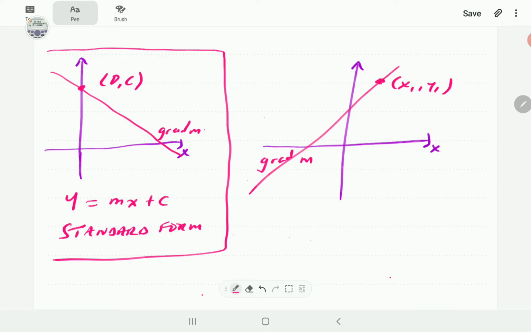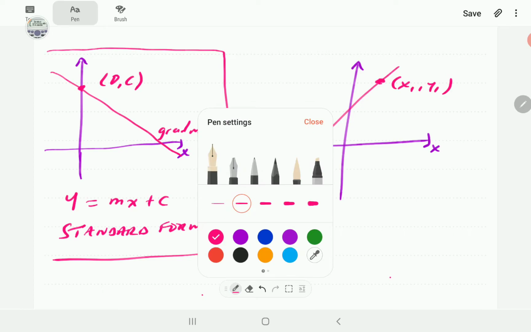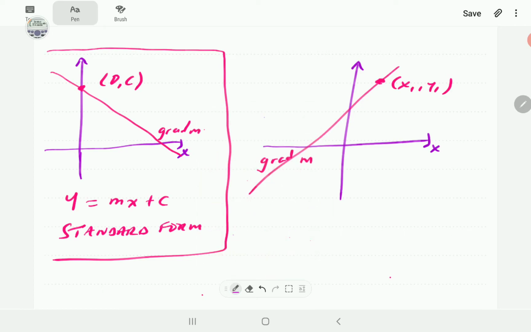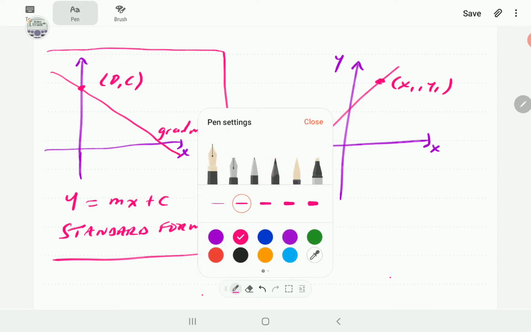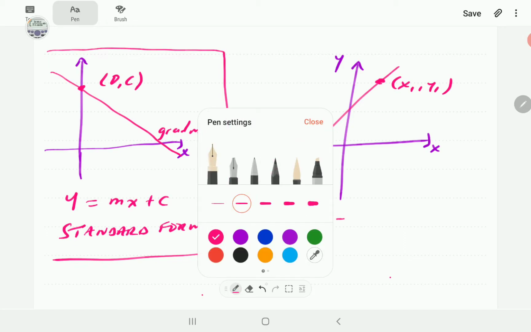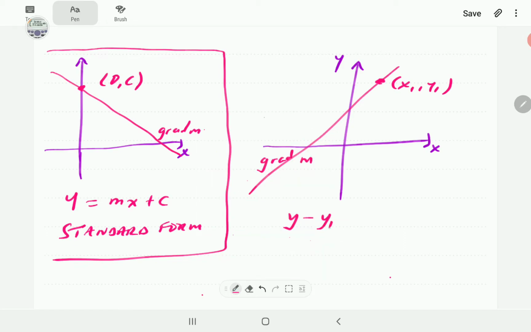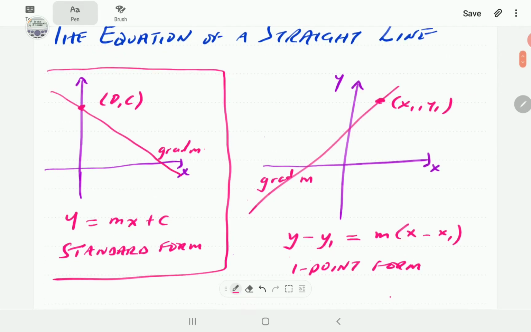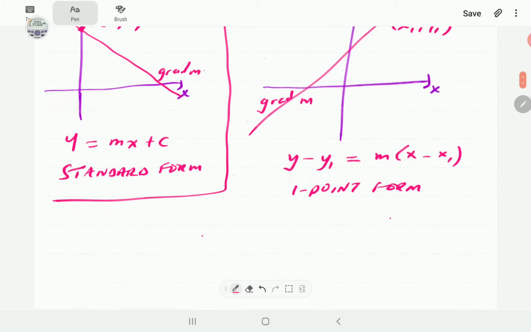So the straight line goes through x1, y1, and it has got gradient m as well. Then we said there is a form of the straight line equation that we can write, which is y minus y1 equal to m times x minus x1. We said this one is called the one-point form of the equation of a straight line.